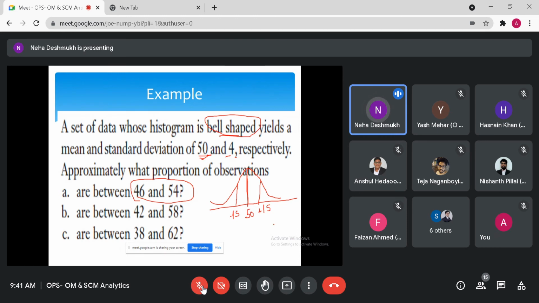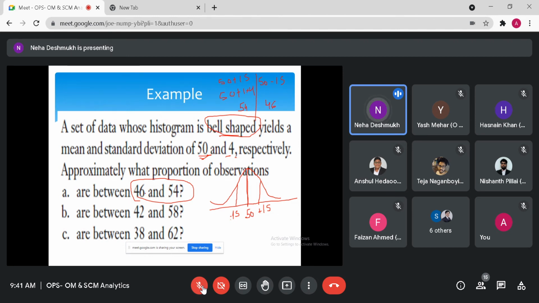This is one standard deviation. Let's first calculate the 1s distance. 1s means 50 plus 1s and 50 minus 1s, right? 50 plus 1 into 4 will give you 54, and 50 minus 1 into 4 is 46.